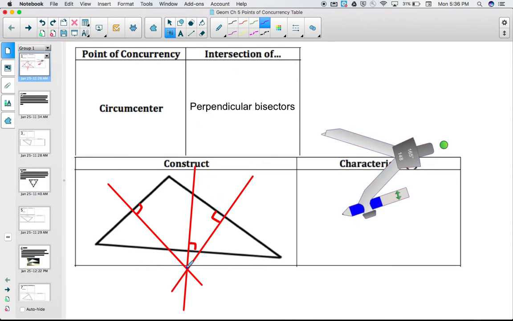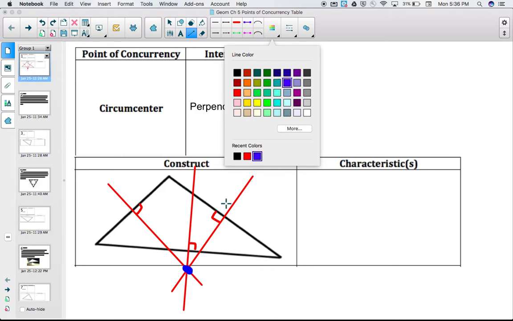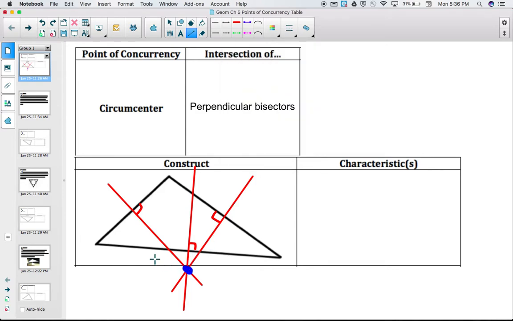So it turns out this point here we call the circumcenter has a very unique characteristic. If we were going to measure that point to each of these vertices, so what I mean from that point to this vertex, that point to this vertex, and that point to this third vertex, we know that those are all the same.